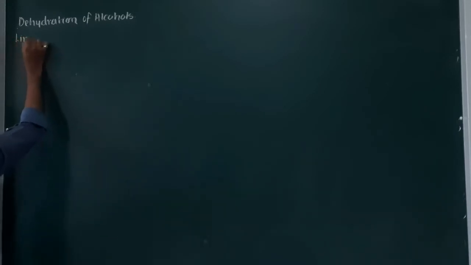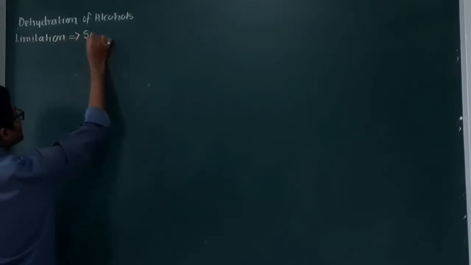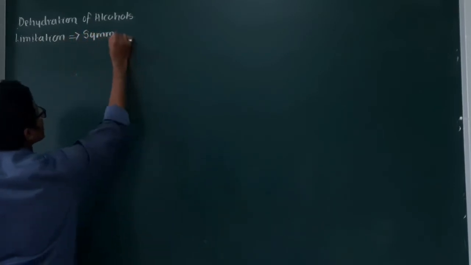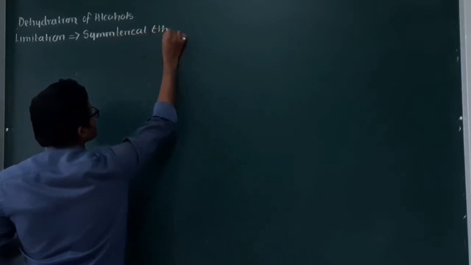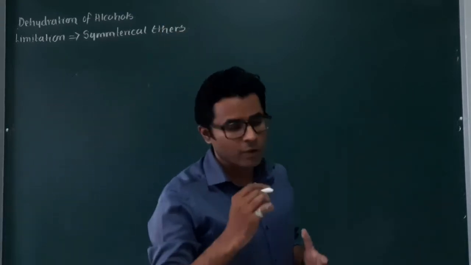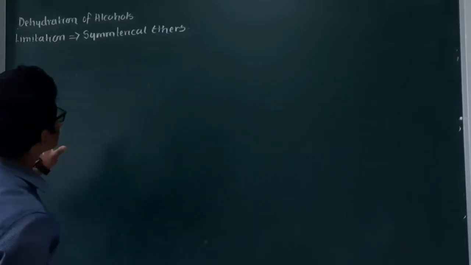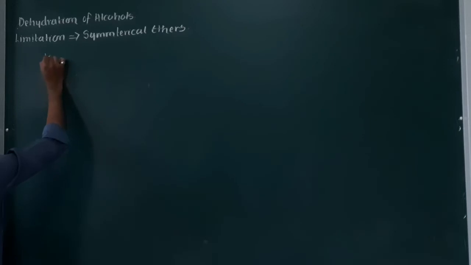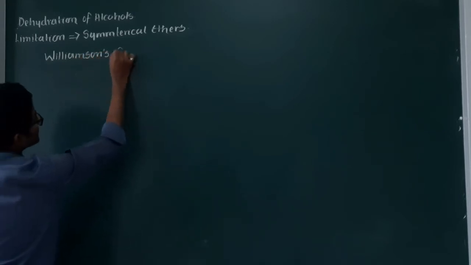So the one limitation that this process has is that only symmetrical ethers are formed. That's a huge limitation or a huge drawback. On the other hand, we have the next type of preparation, and this particular thing we call Williamson's ether synthesis.